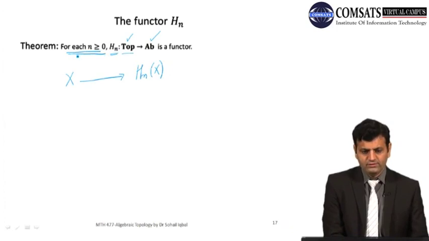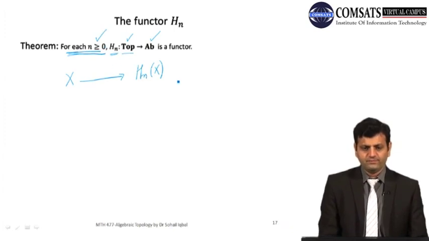We will do the proof for fixed n, and of course you can take this n to be any integer greater than or equal to 0. So n is fixed in these calculations. Give me a topological space, and I'll give you an abelian group Hn of x, the nth homology group.